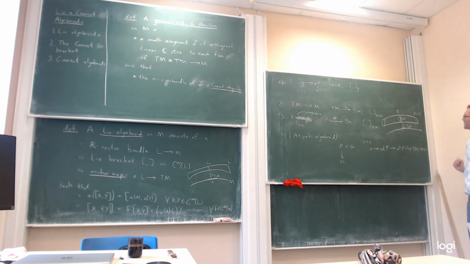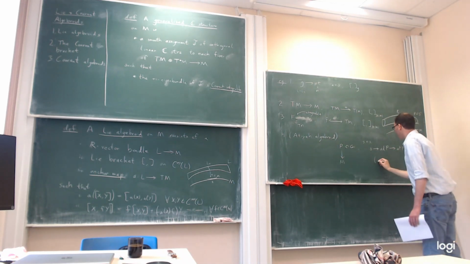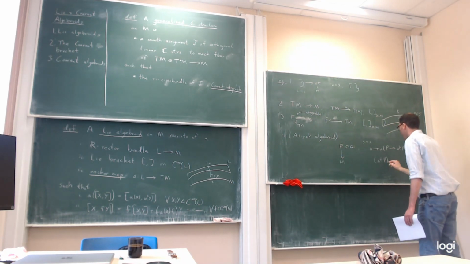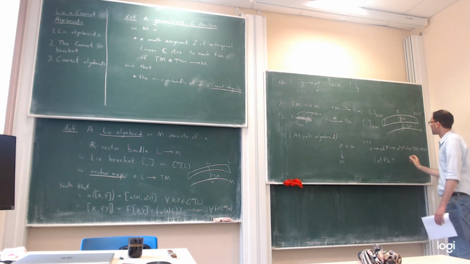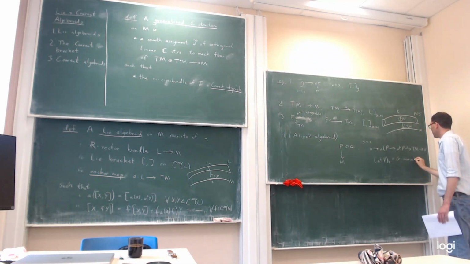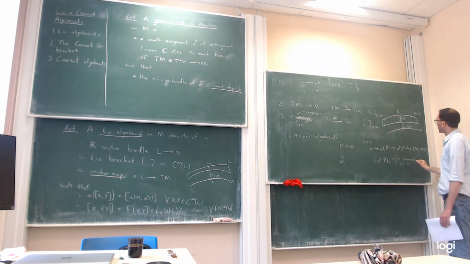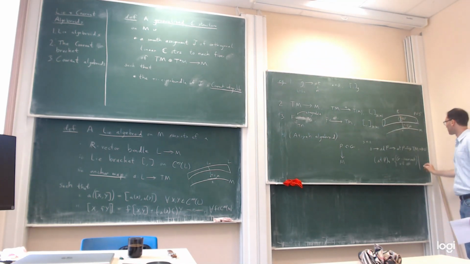Specifically, the vector bundle, good question: at P, the fiber at X is going to consist of G invariant vector fields restricted to the fiber Px.